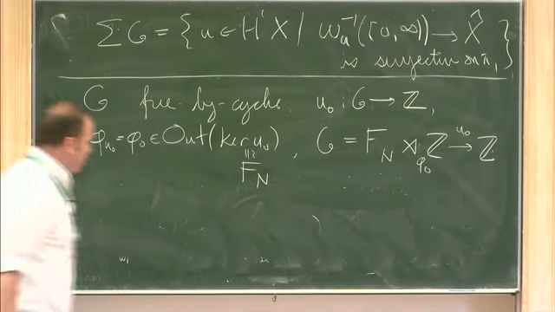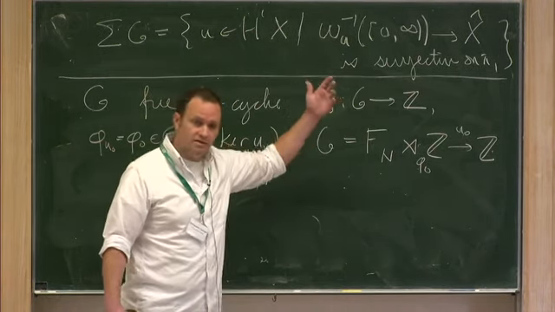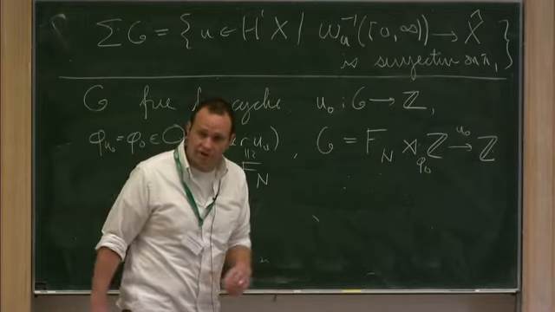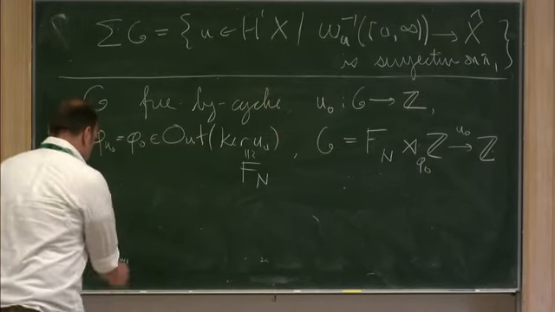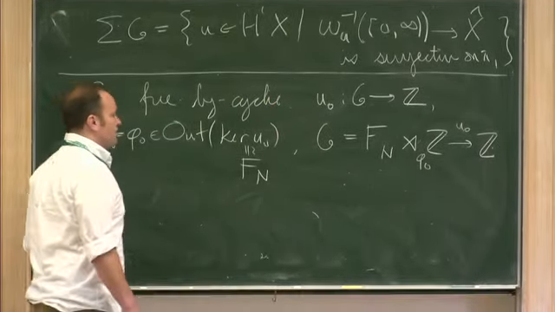In a minute, I'll explain why U naught is a point in the BNS invariant. But more generally, let me just say what the integral elements in the BNS invariant look like.